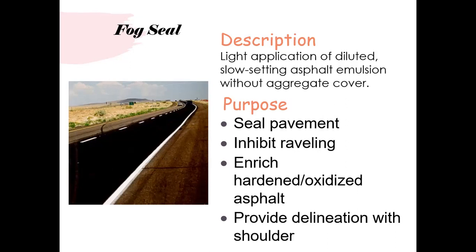Emulsion has an advantage that it can be applied cold as well. When it's applied to the pavement, all the water evaporates and the asphalt sticks to the surface and joins itself at room temperature.